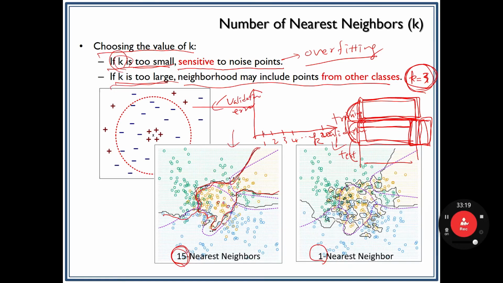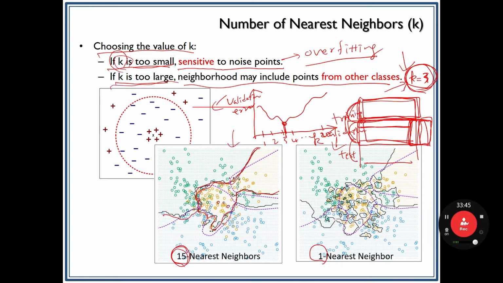By changing the value of k, you can observe the validation error, and if the graph looks like this, then you choose the value of k at the minimum validation error. That's the way of choosing this model parameter in k nearest neighbor classification.